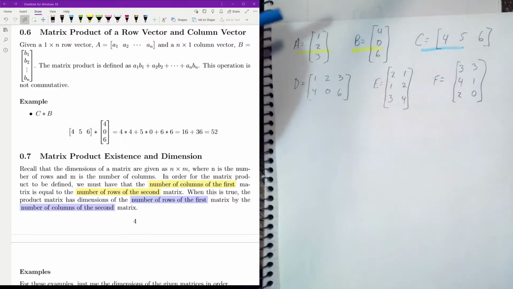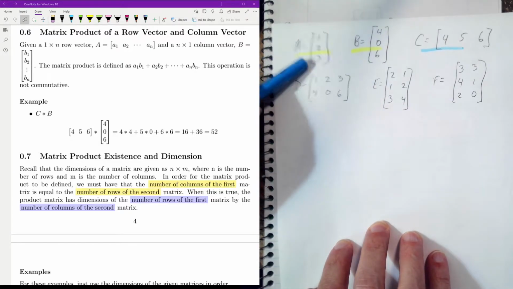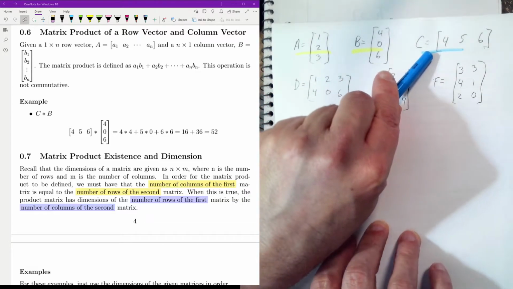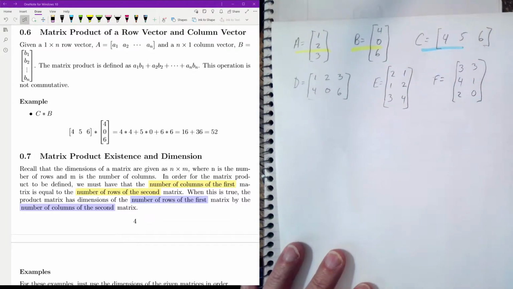Basically, it's a column with 3 rows. So it's a 3 by 1, a 3 by 1, and this is a 1 by 3. So it's where the dimensions are equal to 1. If the column is equal to 1, then it's a column vector. If the row is equal to 1, it's a row vector. So that tells you what it is.